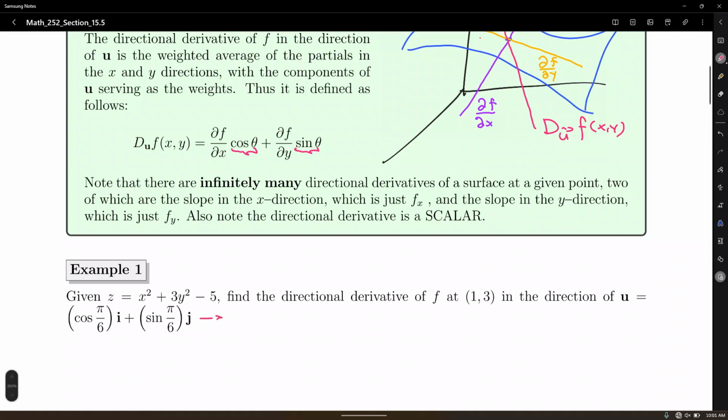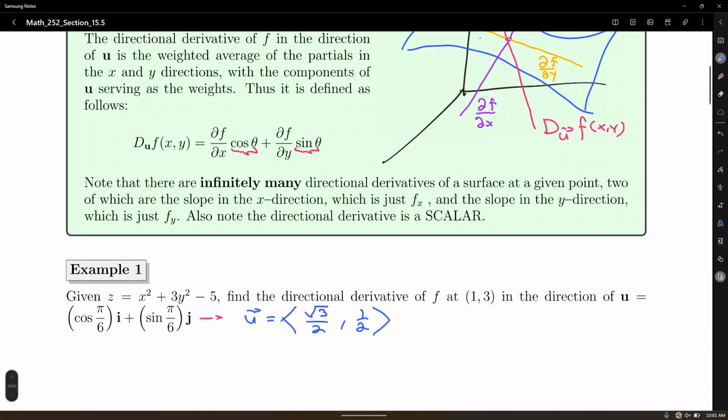So let's describe this as a vector, and let's call this u. Okay. Which is, by the way, a unit vector. So a better way to explain this directional derivative: again, we're no longer finding the rate of change in the x direction or the y direction, but this time we're finding the rate of change in the direction of a vector.